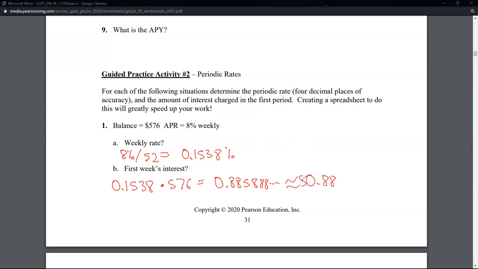So $0.88. Now that 0.1538%, that's why I messed that up, because I forgot to write the percent symbol. That is really 0.001538 times 576. If you're doing these calculations by hand, you have to convert the percents to decimals.